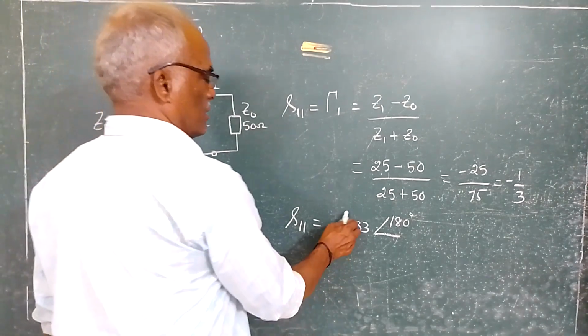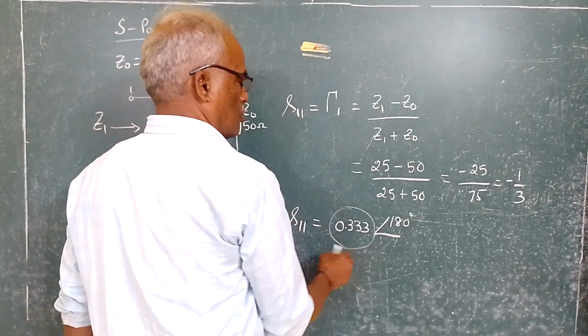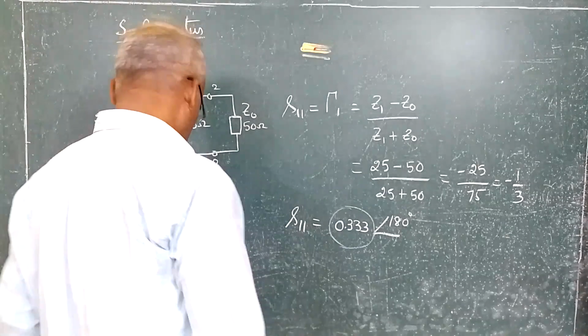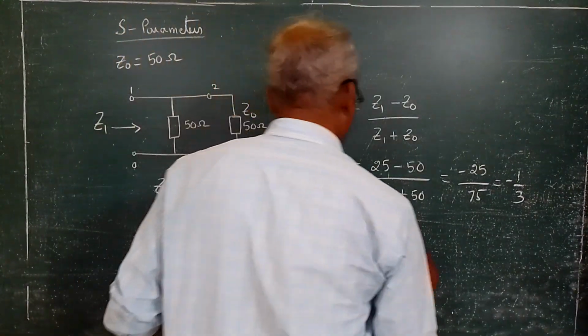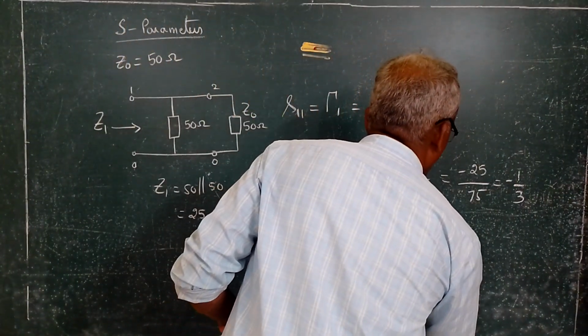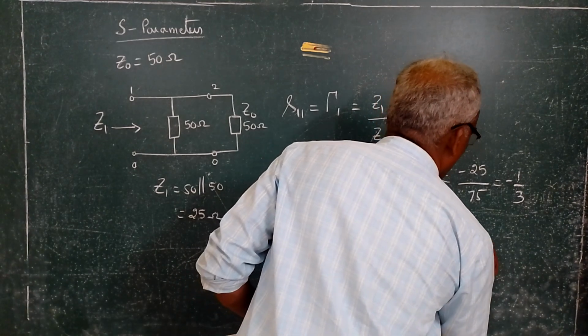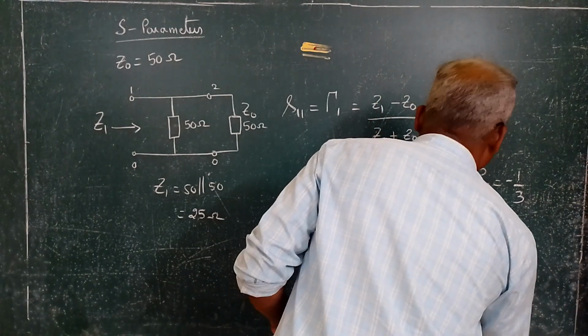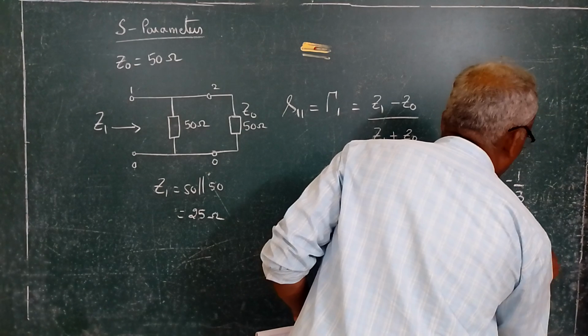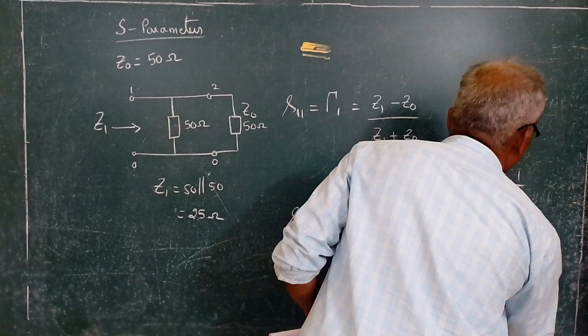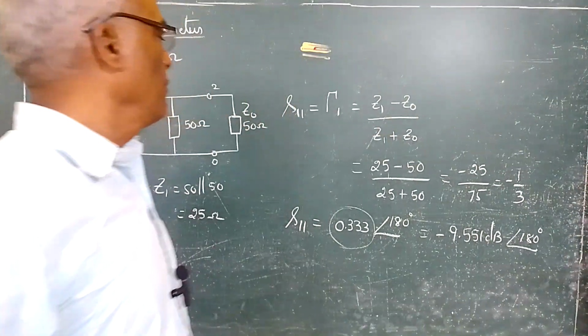Now if you take 20 log for this value, it will give you minus 9.551 dB, angle 180 degrees.